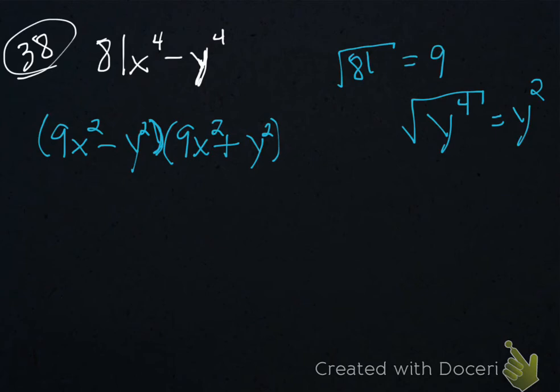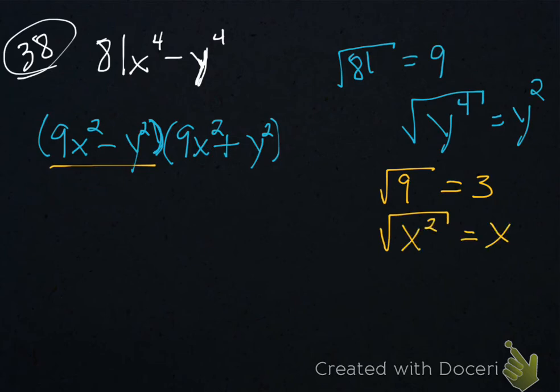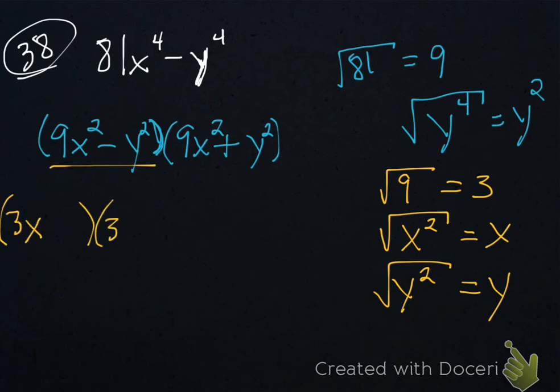Just like on the previous problem, I now have perfect squares a second time. Square root of 9 is 3. The square root of x squared is x, and the square root of y squared is y. So let's put it together. We would have a 3x at the front of these binomials.